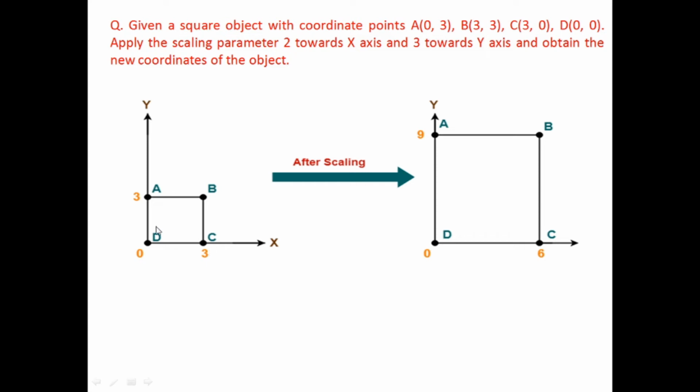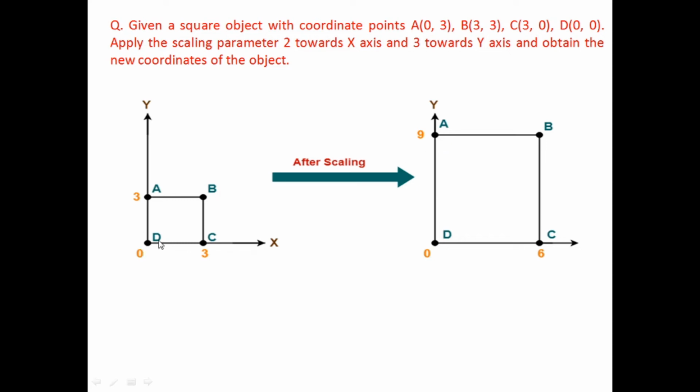Now I am scaling 2 times along the x-axis and 3 times along the y-axis. So the x-axis is scaled twice. That means 0, 3 now becomes 0, 6 because it is scaled twice. I am talking about the DC line. Similarly the AD line, which was 0, 3, is now scaled 3 times, so it has a length of 9 units.